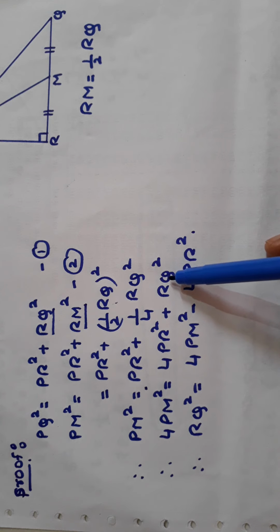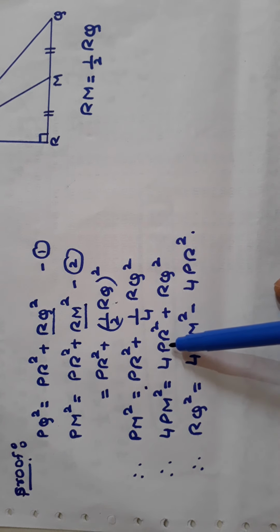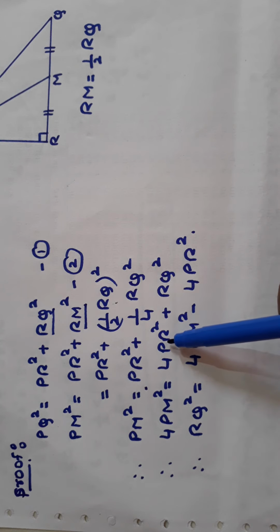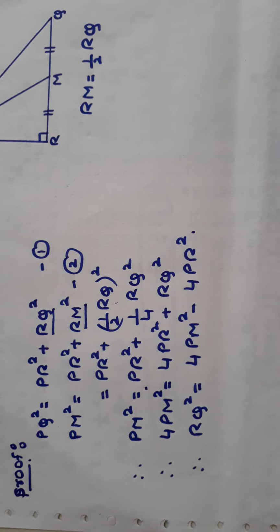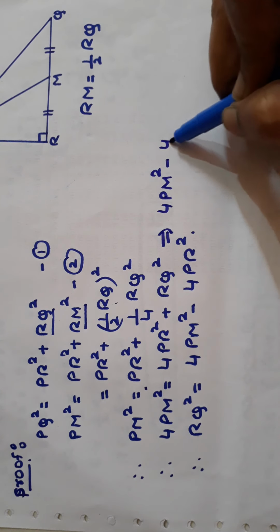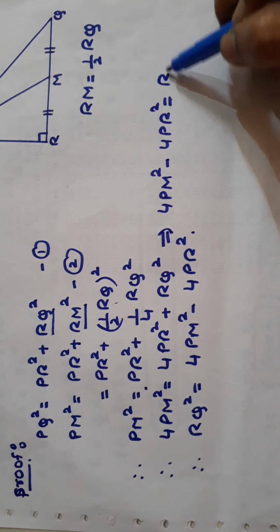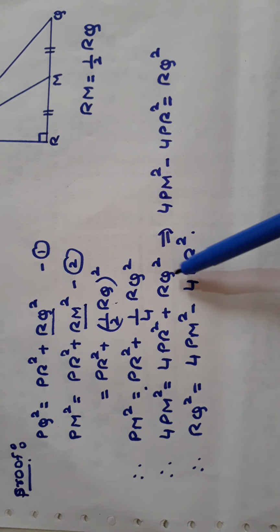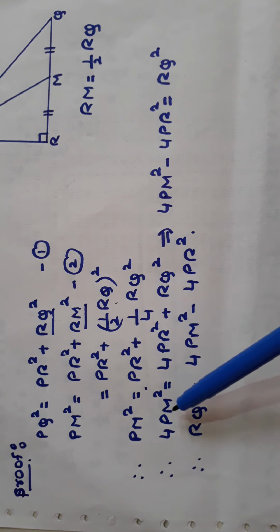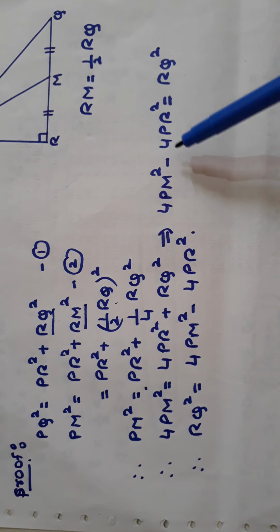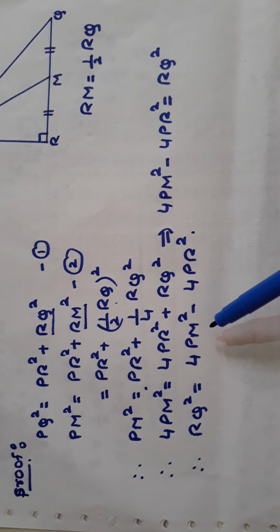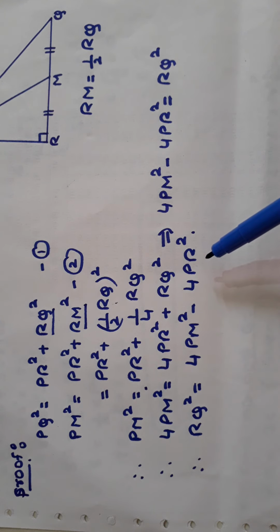Now keeping RQ square on one side, take PR square to the other side. So 4 PM square minus 4 PR square is equal to RQ square. I kept RQ square on the right hand side and took 4 PR square to the left hand side. Now since I can interchange the left hand side and the right hand side, we get RQ square is equal to 4 PM square minus 4 PR square.